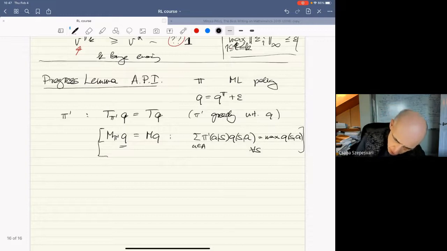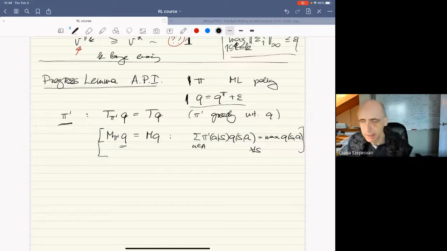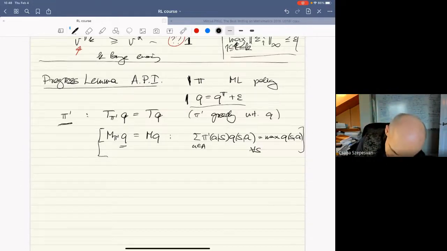So you have this policy pi, you have this function q, you write it in this form, and you define pi prime as the greedy policy with respect to q. And the lemma states that you're making progress.